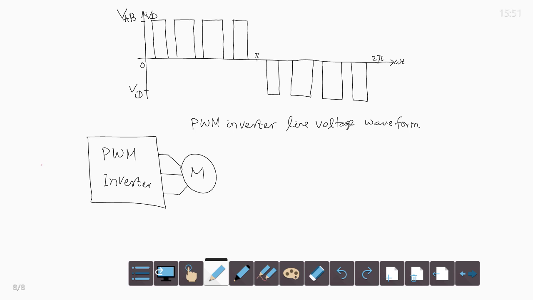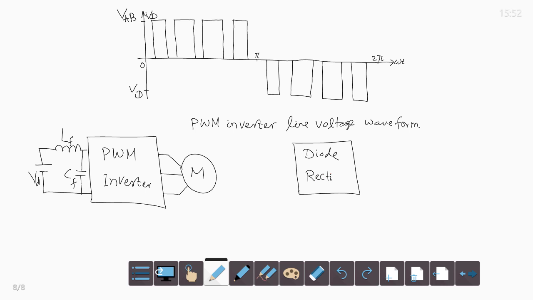If the available supply is constant DC, it is directly connected through a filter. This is the filter inductor, filter capacitor, and this is the DC voltage. If the available supply is AC, then a diode rectifier is used, because we require only a constant voltage DC.